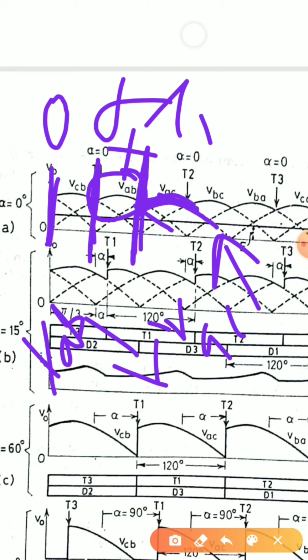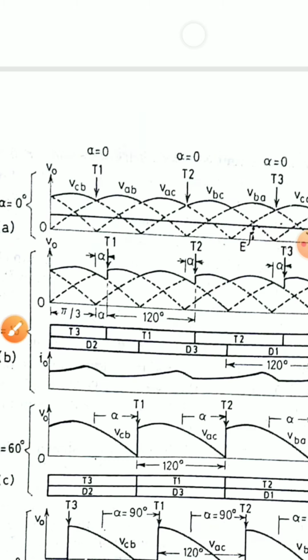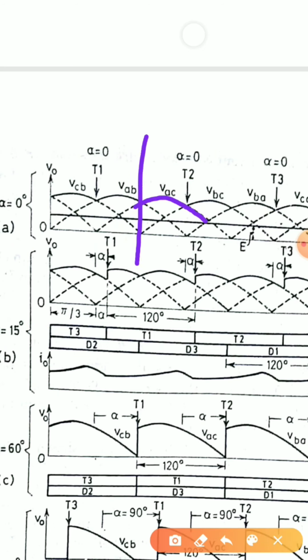In this manner till here I'll get VAC, then again here we can see that T2 is getting fired. So VBA dominates, VBC is decreasing, and then VBA will dominate. When VAC is completed, again T2 will turn on, I'll get VBA. In this manner I'll get the conduction.